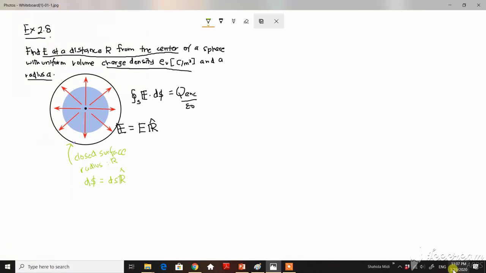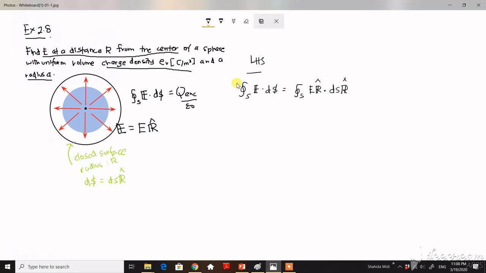Here we have the left hand side. First, of course, we deal with the dot product. We already know that E is in the r direction, and dS is also in the r direction.